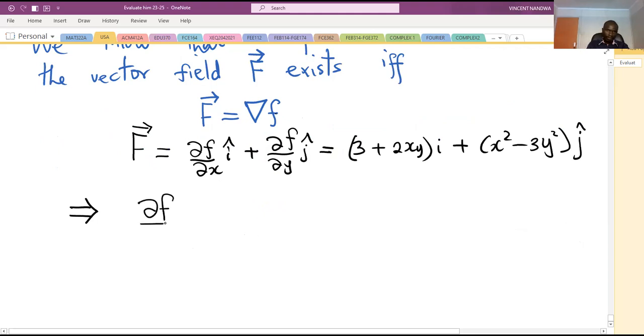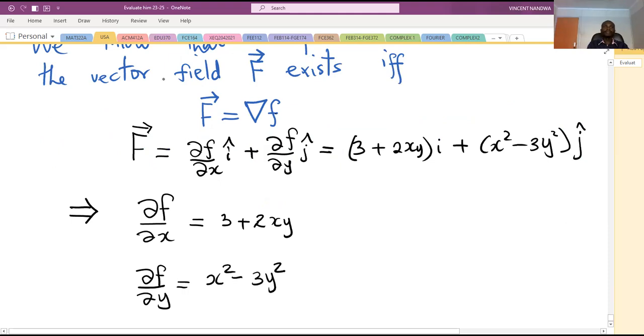Partial f partial x equals 3 plus 2xy, and partial f partial y must equal x squared minus 3y squared. We call this one equation 1, and this one equation 2. So our interest is to find the value of f.